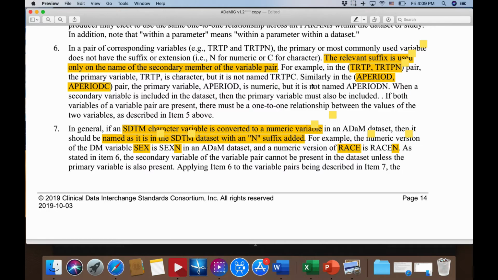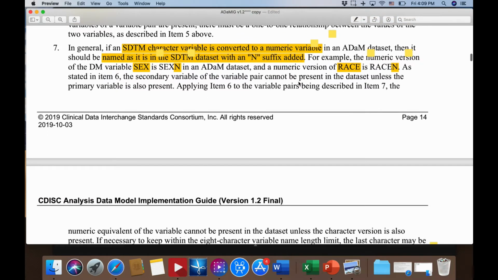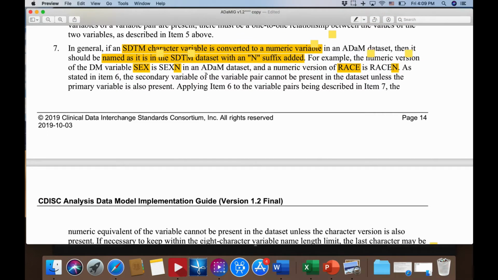So this is a special case, with many variable pairs, where the first, primary one ends with C and the second ends with N. Similar to sex and race.